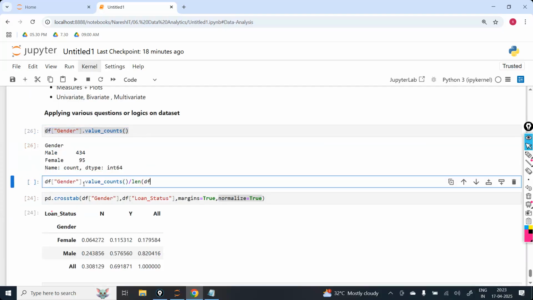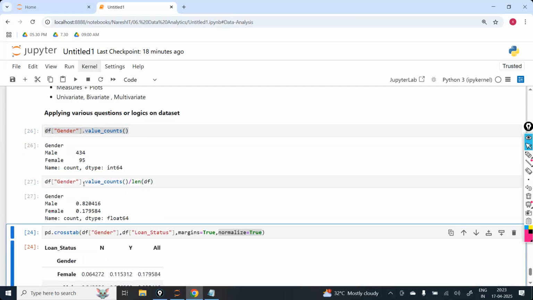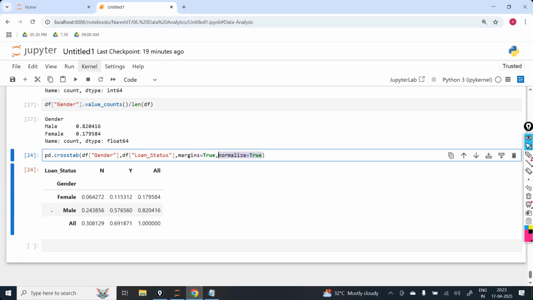Literally it is dividing in the back end by length of df, nothing else. It means dividing by the total number of records. That is the meaning of normalize equal to true. If you write normalize equal to true, you will get like this.